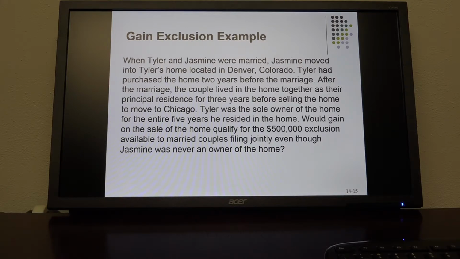So he's got a $600,000 gain. And of course, he and his wife are the owners. In that case, they're going to have an exclusion, married filing jointly, of $500,000, and the excess gain of $100,000 is taxed as a long-term capital gain.